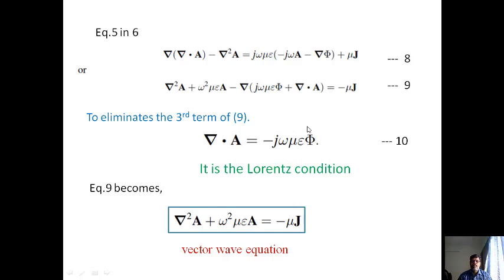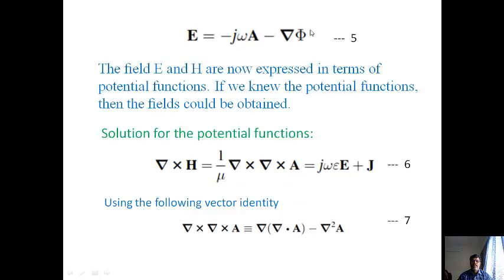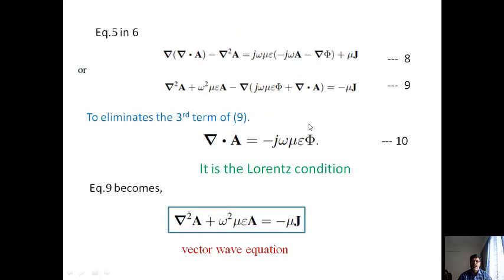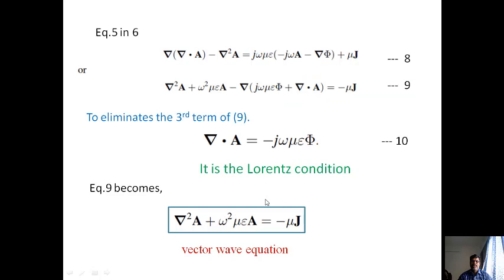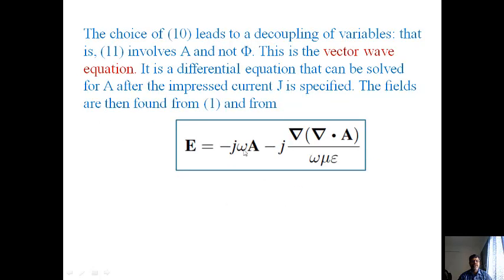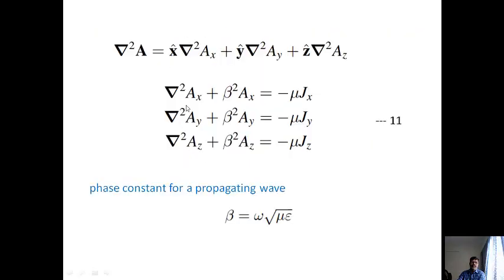Therefore, del pi can be 1 by j omega mu epsilon del of del dot A. Therefore, E equals minus j omega A minus j by omega mu epsilon del of del dot A. This is the way to get the E. So, once we have the potential function A, then we are able to compute the electric field.